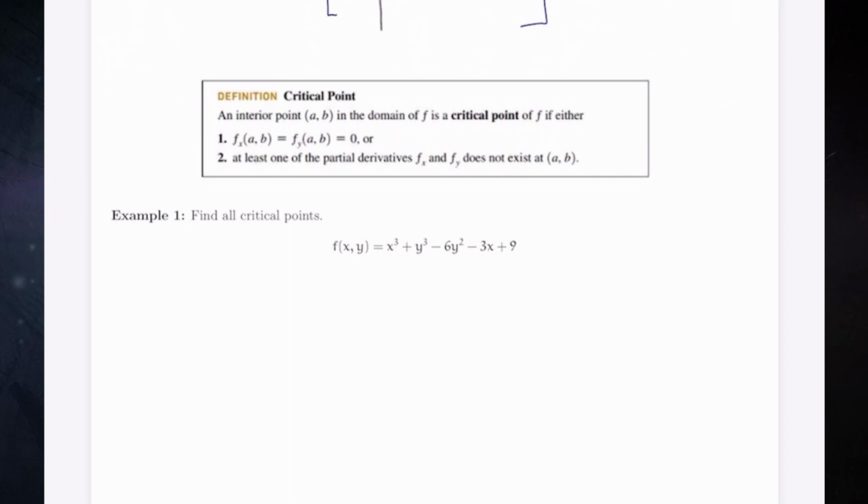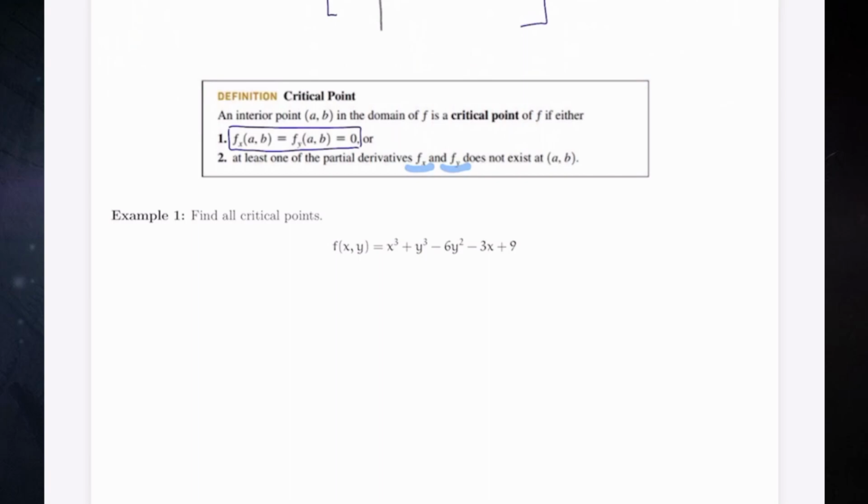We either have that the partial derivatives, both of them, are simultaneously equal to 0, or one of the partials does not exist. So one of these things needs to happen for a point to be considered a critical point.